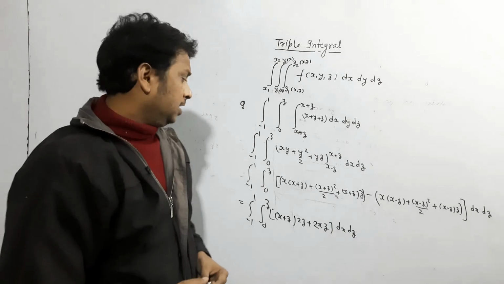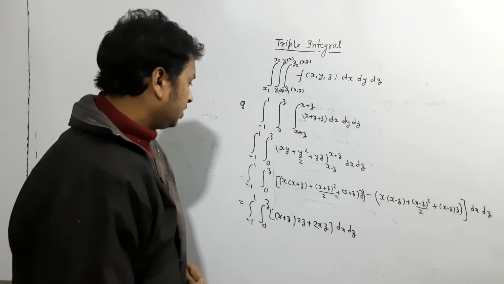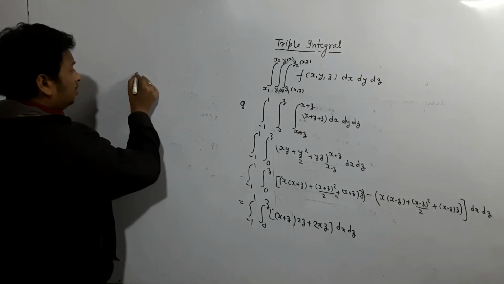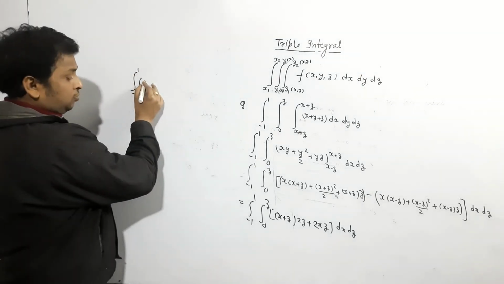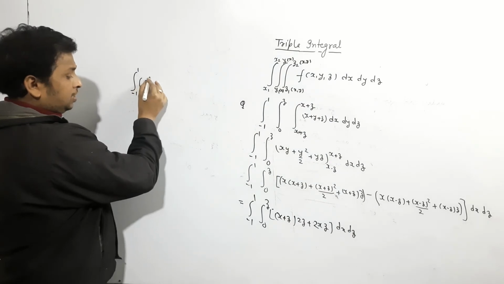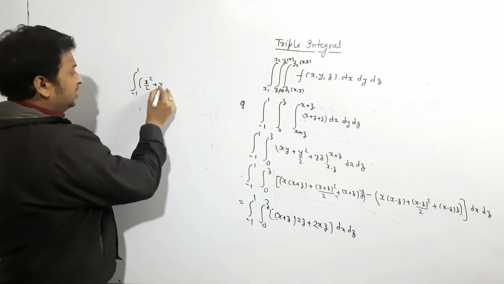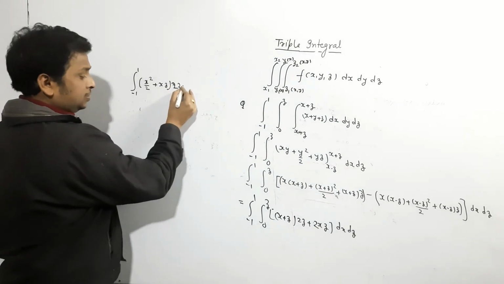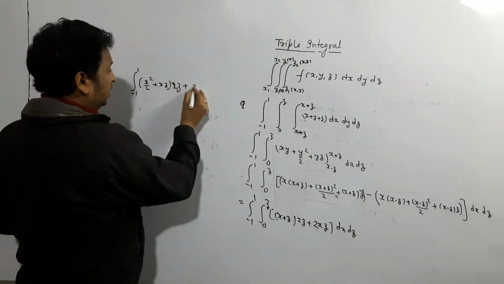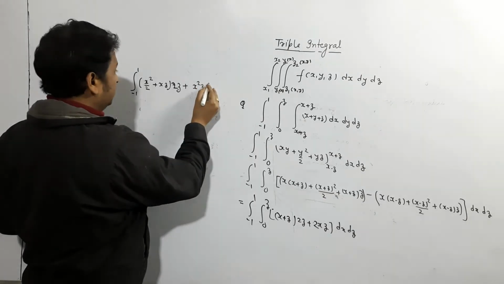So please check it. Now integrate with respect to x. So x square by 2 plus xz, outside 2z plus x square z.